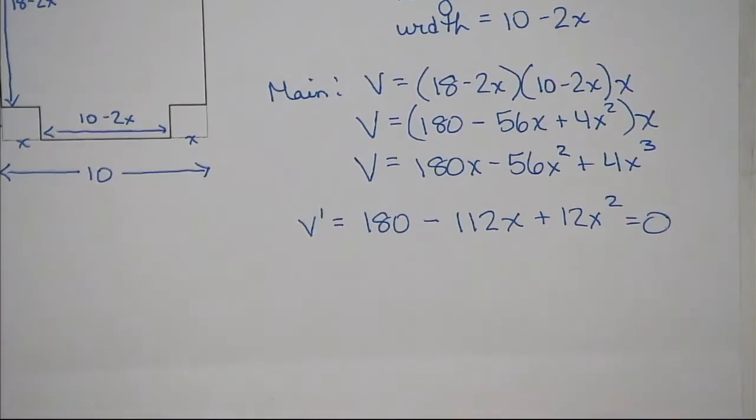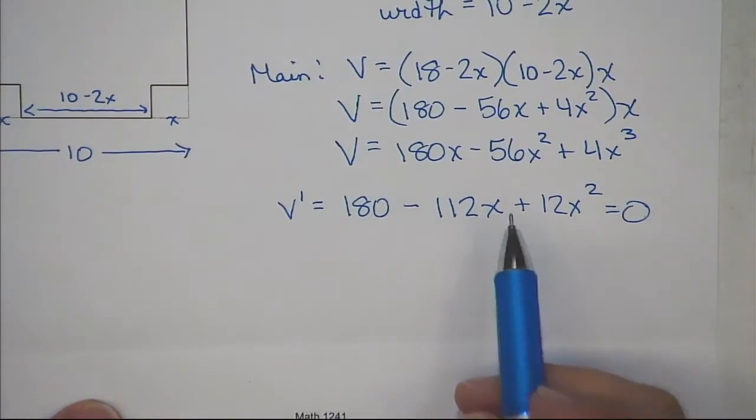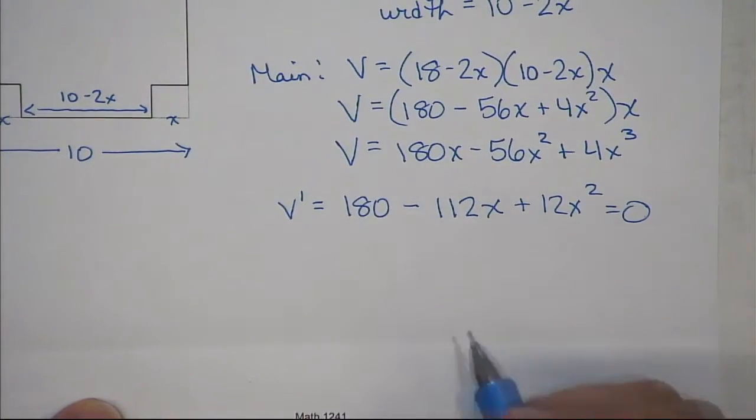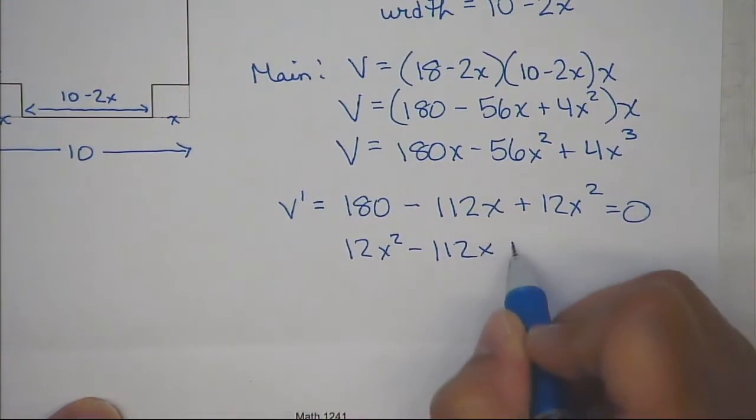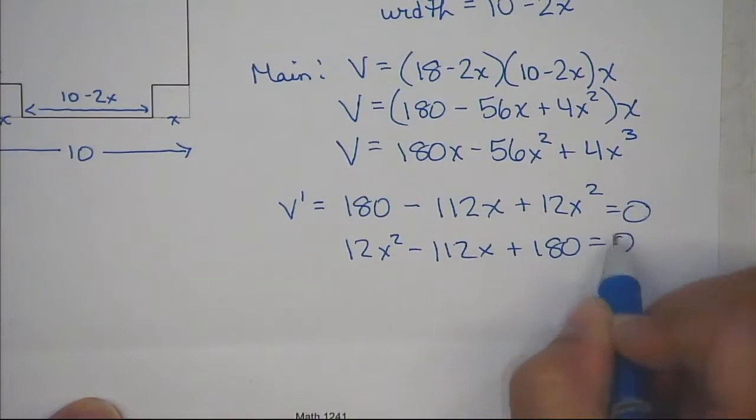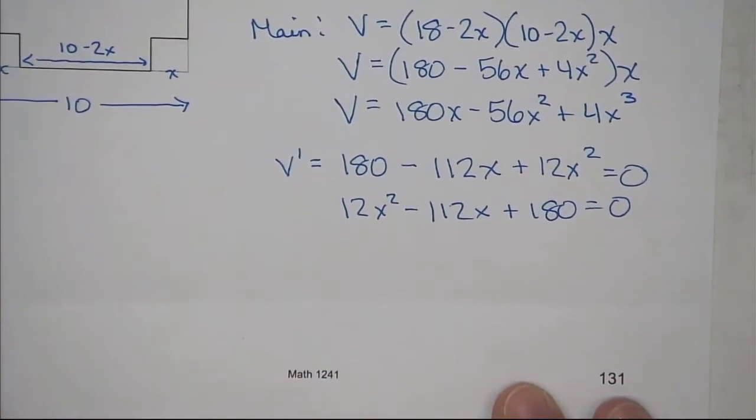All right, and I'm going to rearrange these numbers just so that we have a quadratic. So let's flip them around. So this is 12x squared minus 112x plus 180 equals 0. I don't think 12 goes into all that, but we can reduce. 6 doesn't go in. 4 goes into all those, I believe.